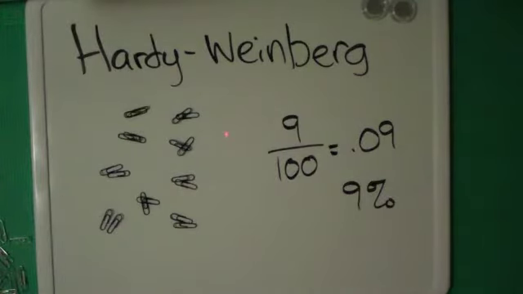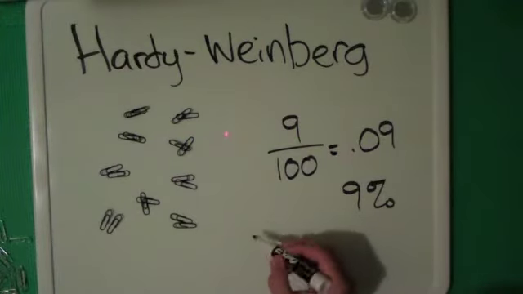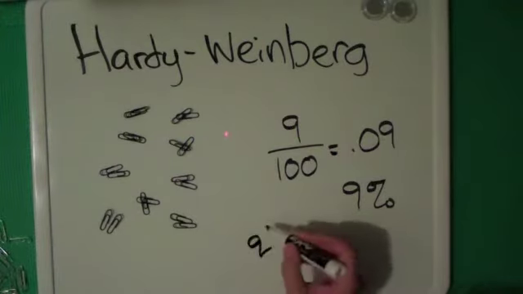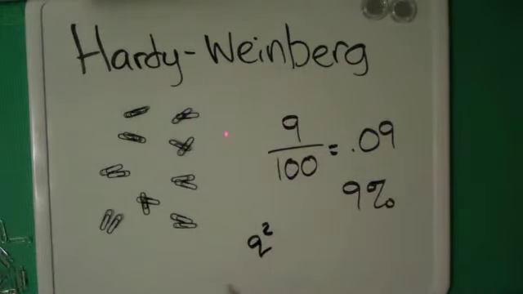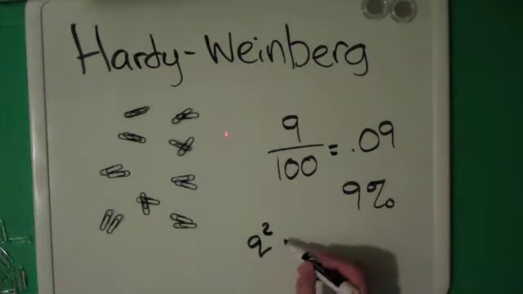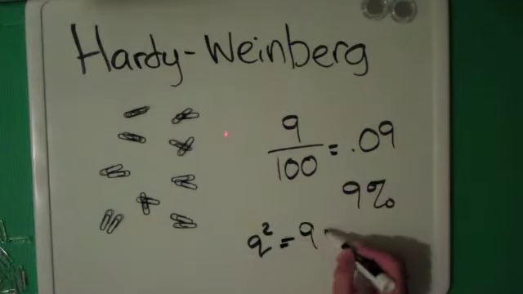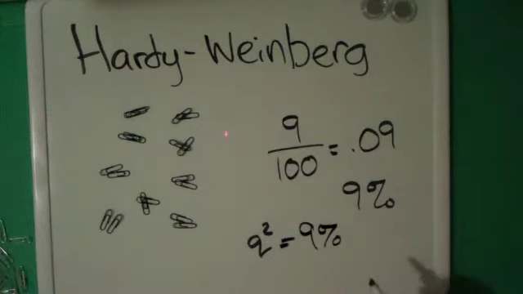So we want to call this our q, and this is actually going to be q squared, because there's 2 of them. So a q and a q. q squared is 9%.